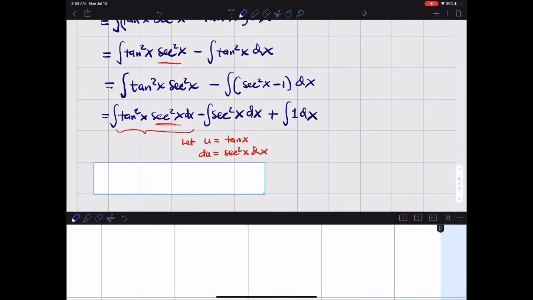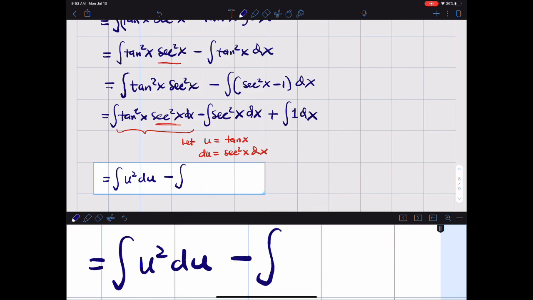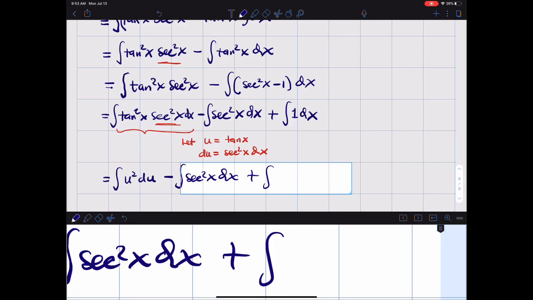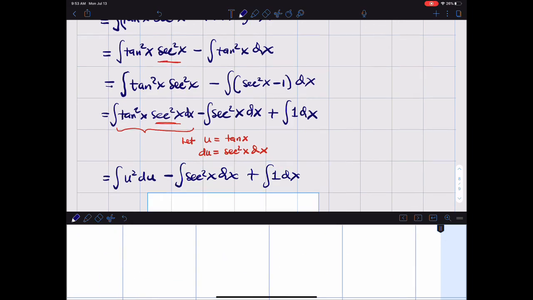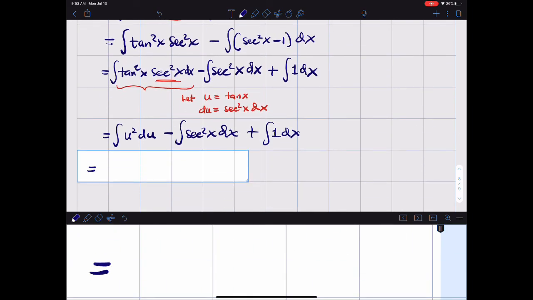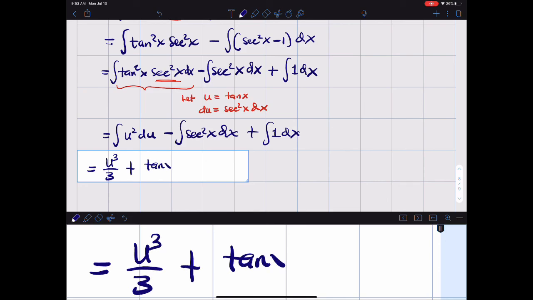Our integral can be written as the integral of u squared du, which is quite easy, minus the integral of secant squared x, which we know is tangent x, plus the integral of 1 dx, which we know is just x. So this is u to the power of 3 over 3 minus tangent of x plus x plus c.